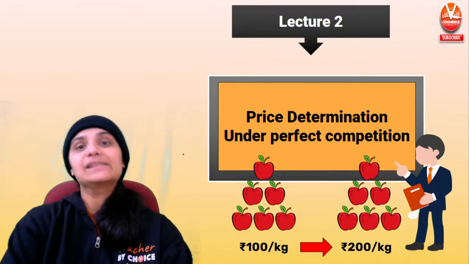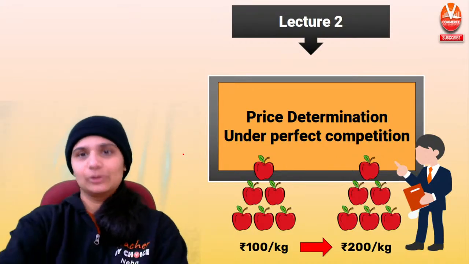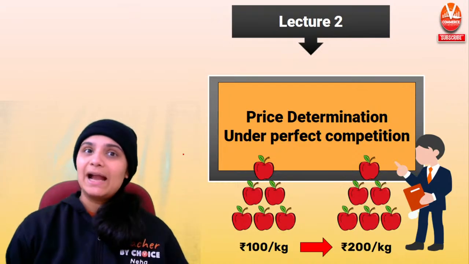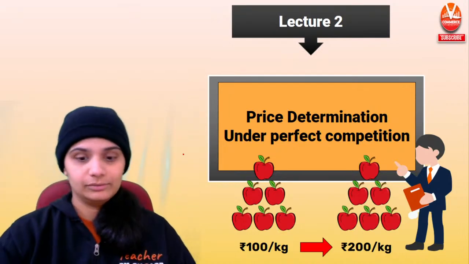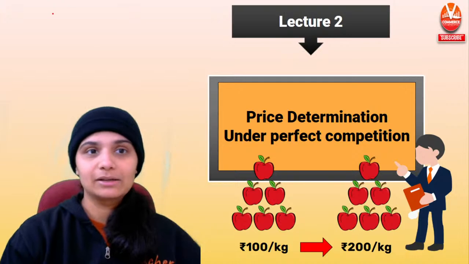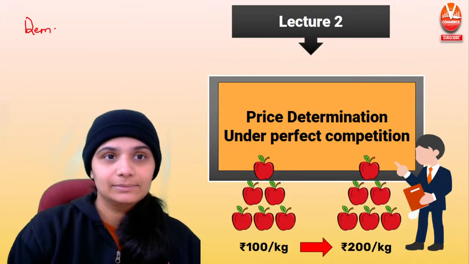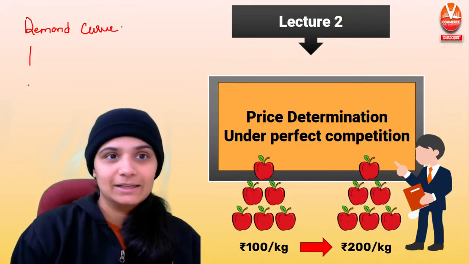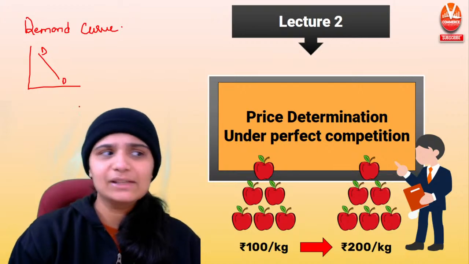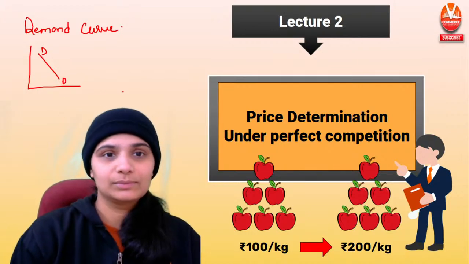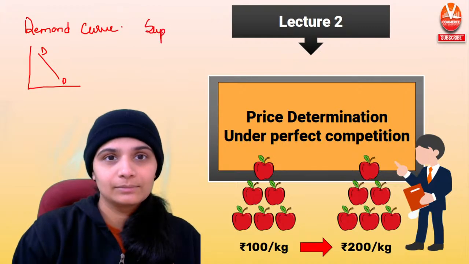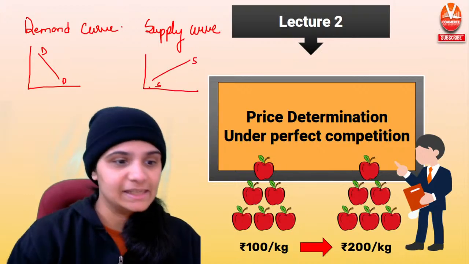Now, what is the funda of how price is determined? Till now we had studied the demand curve. Everyone is aware of the demand curve. This is my DD. Then we have a supply curve also, SS.